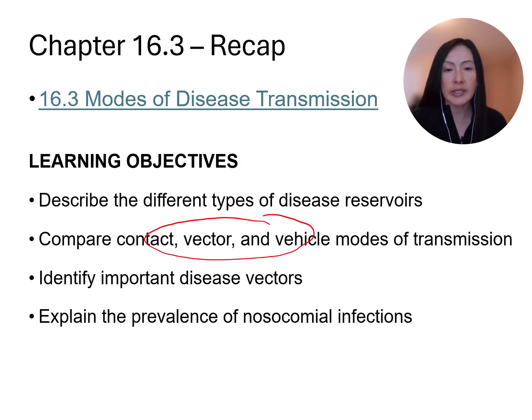For the prevalence of nosocomial infections, so nosocomial infections, also called hospital-associated infections, are infections acquired in hospitals or healthcare, sorry, I said hospital, but healthcare-associated infections. They can be acquired in healthcare facilities. So prevalence was from 2011 in the book.